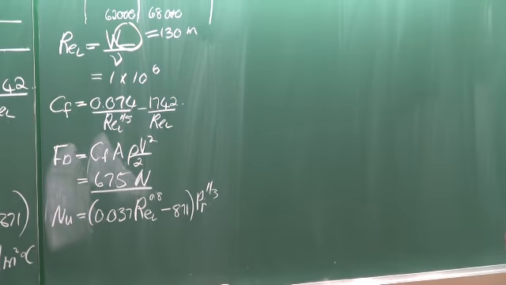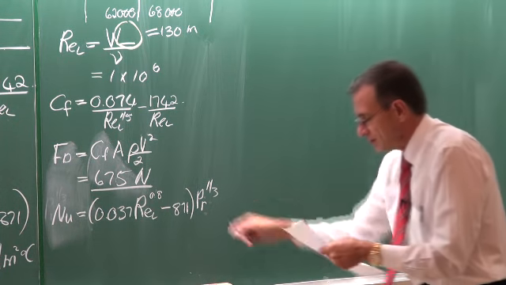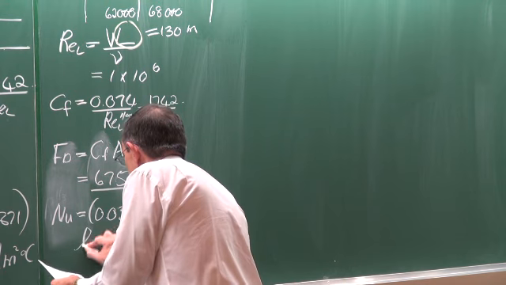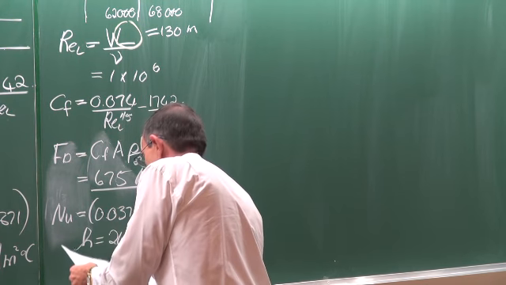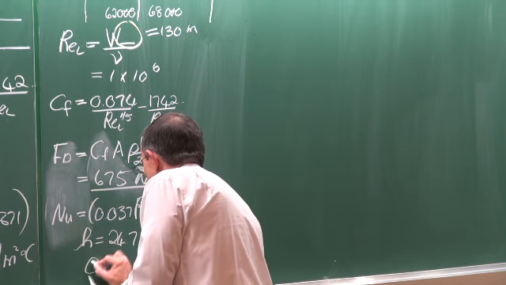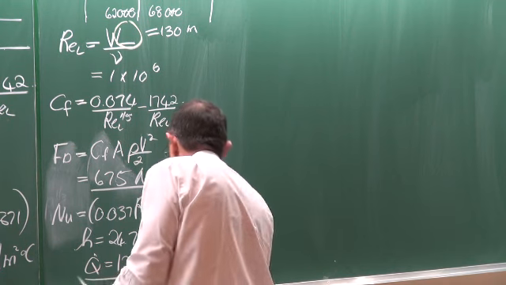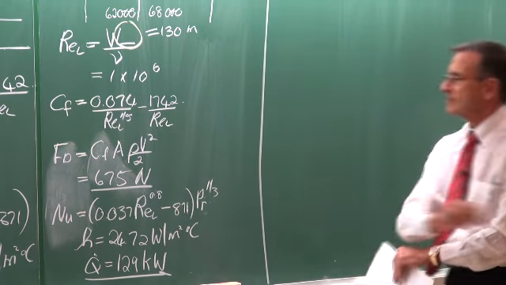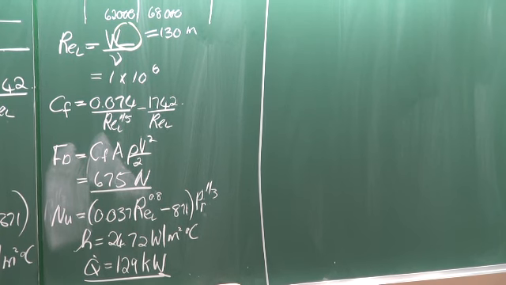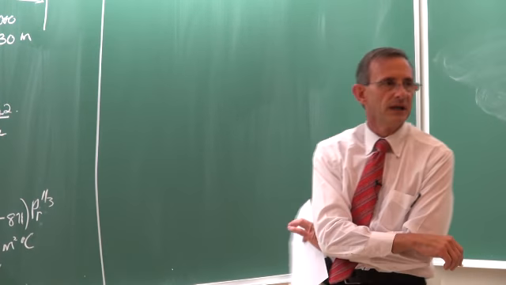If we now calculate the Nusselt number, the heat transfer coefficient would be 24.72 watts per square meter degrees Celsius. The total heat transfer rate would be 129 kilowatts, on a 130 meter plate.